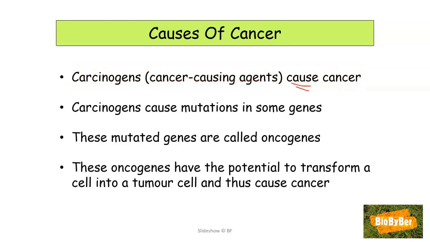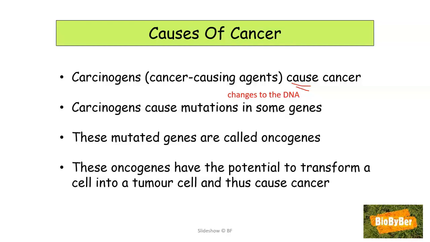You see, what happens here is carcinogens, cancer-causing agents, things like cancer-causing chemicals, well, they cause mutations or they cause changes in genes. They actually cause changes to the DNA.